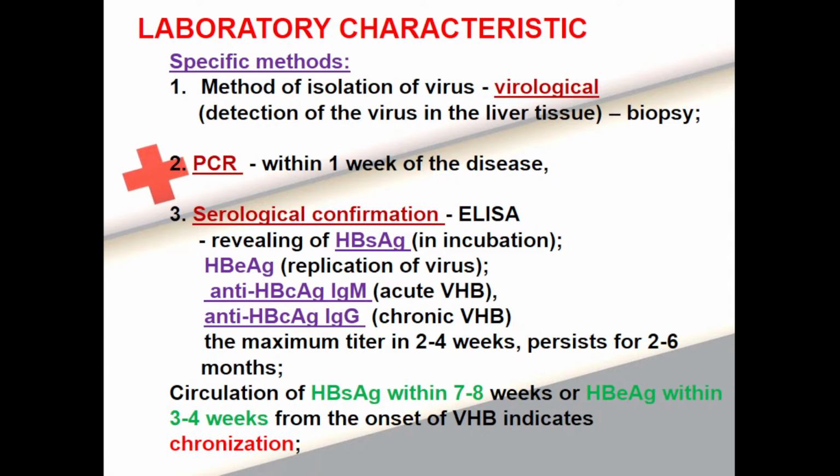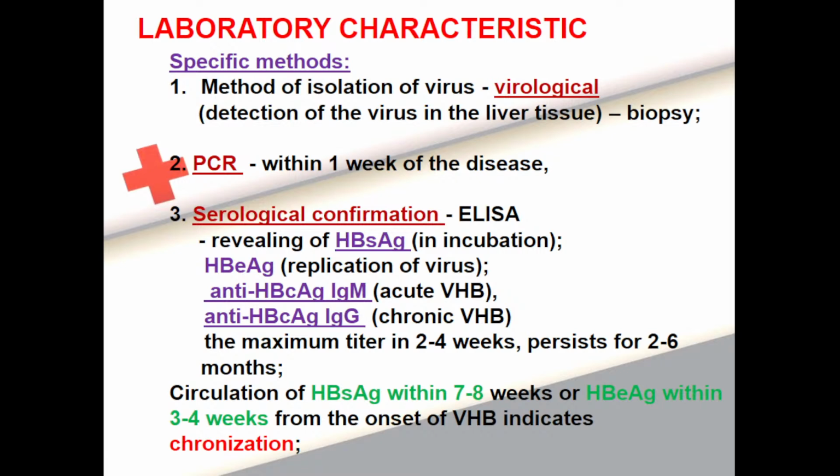HBe antigen is a marker of active replication. Anti-HB core antigen immunoglobulin M appears in the acute period of acute viral hepatitis B, and anti-HB core immunoglobulin G in chronic viral hepatitis B. The maximum titer is reached in 2 to 4 weeks and persists for 2 to 6 months.